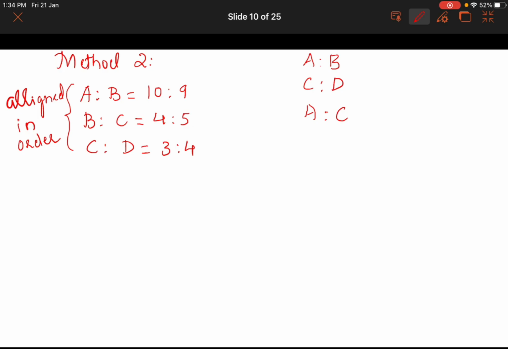Then we can solve if they are aligned properly in the same order. Then we call this a compounded ratio.